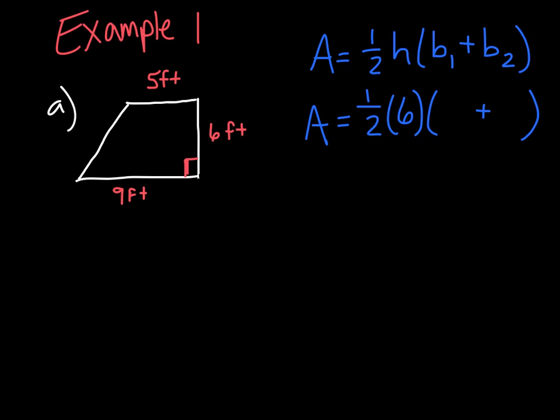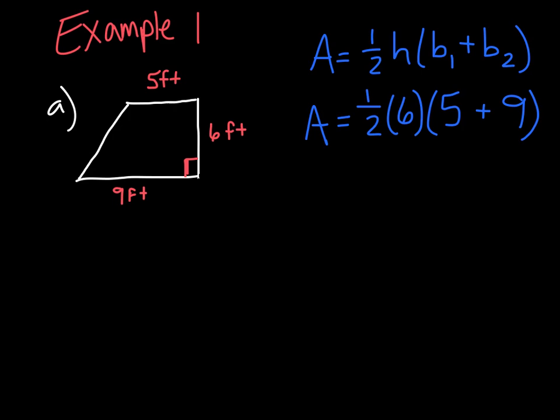We could do the top one or the bottom. But we always look at it as the number 1 is on top, number 2 is on bottom. Again, it doesn't matter. So here's base 1, and it equals 5 feet. So I'm going to put in my 5, and then here's base 2, and it equals 9 feet. So I'm going to put in my 9.